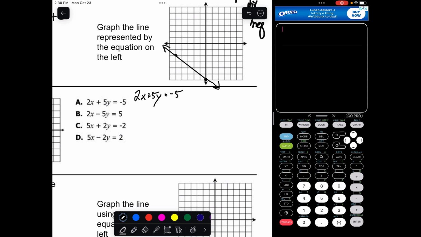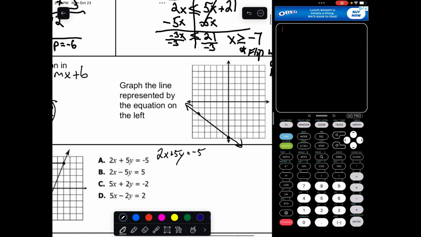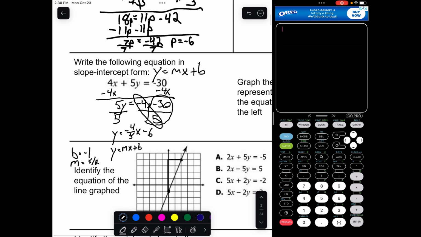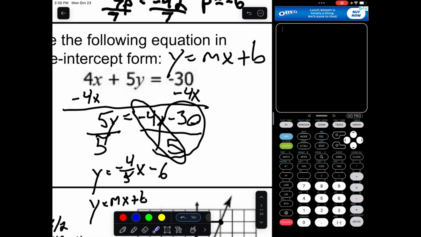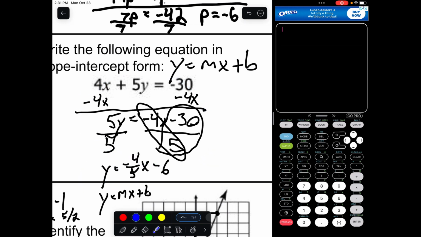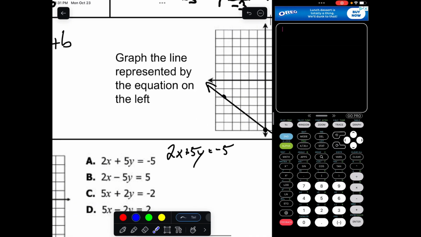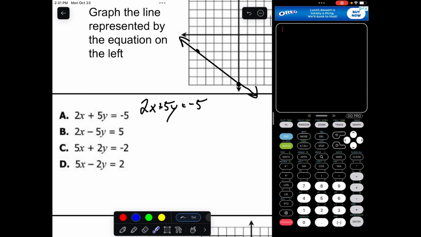Essentially, I'm trying to get the y by itself, just like the equation we did last class when we did above this here, where I'm taking this equation and I am trying to isolate this y all by itself. I'm doing the same thing down here.